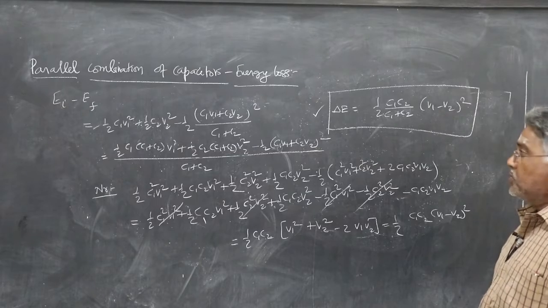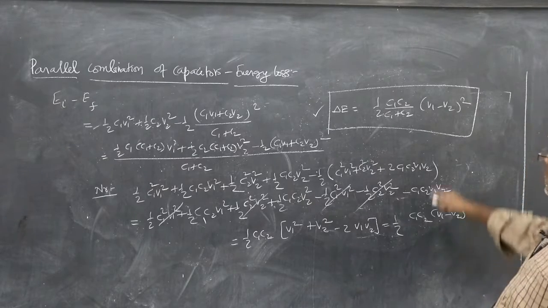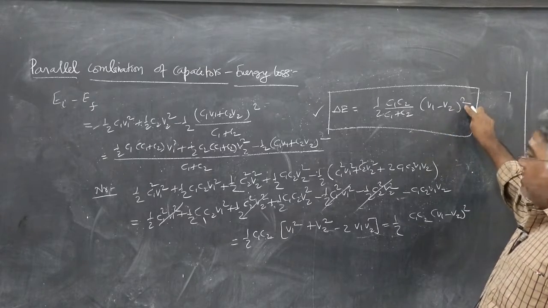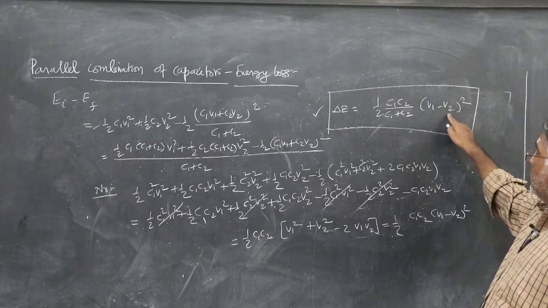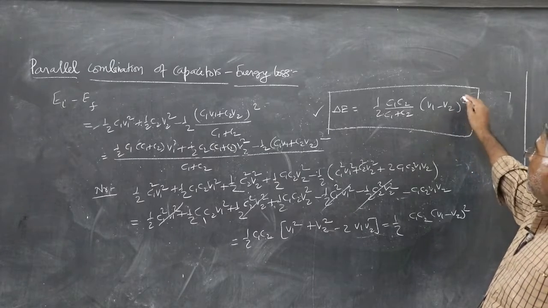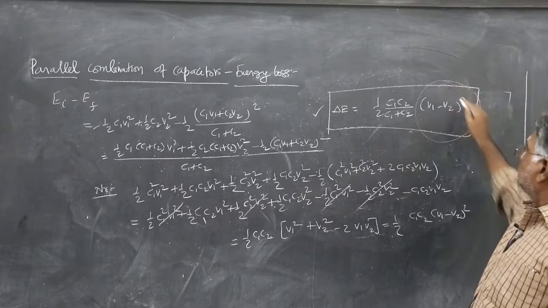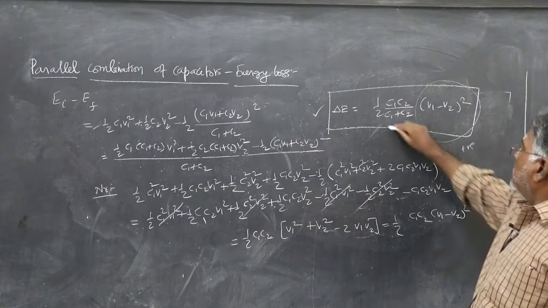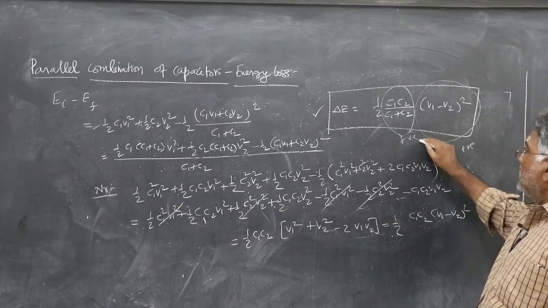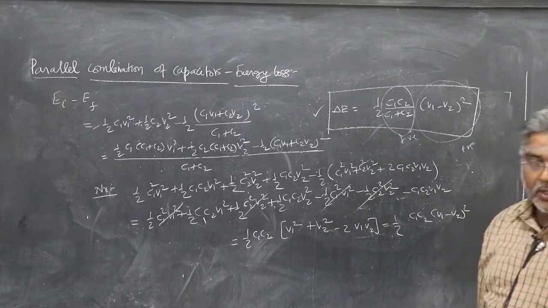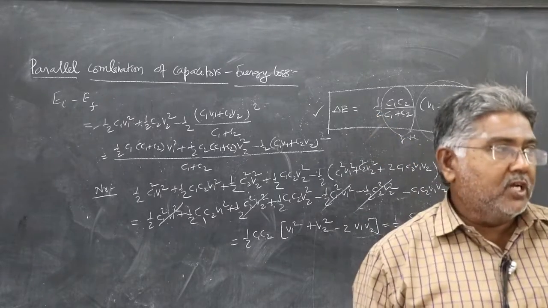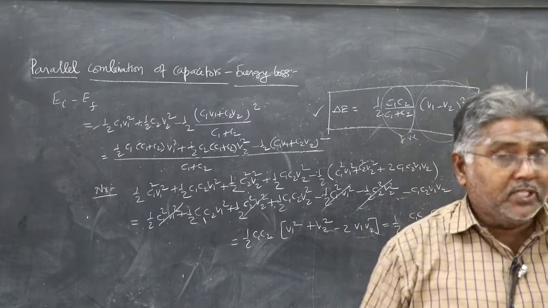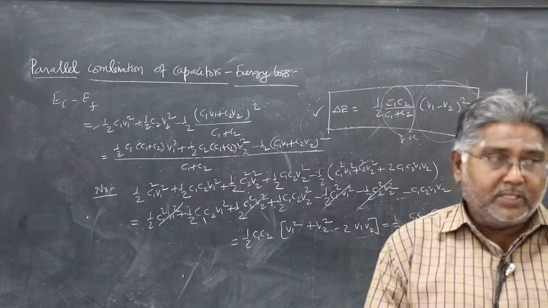The values are not negative. But there is a square here. So whether V1 is greater than V2 or V2 is greater than V1, this is going to be positive all the time. This is positive. This is also positive. So the product is positive. So initial energy minus final energy is positive, which means initial energy is more than the final energy. That means there is a loss in energy.